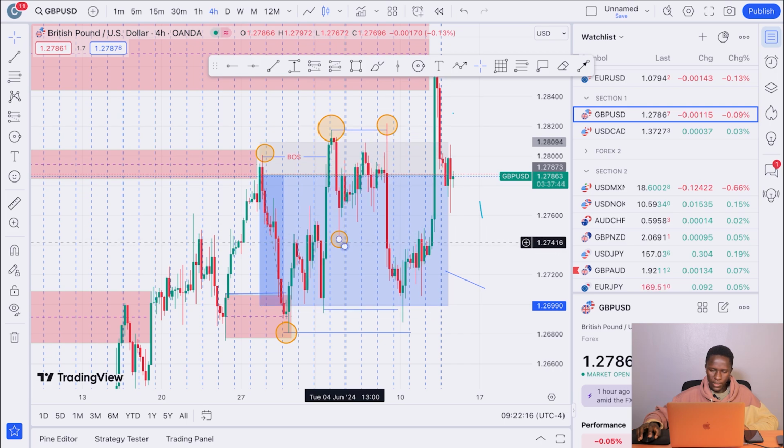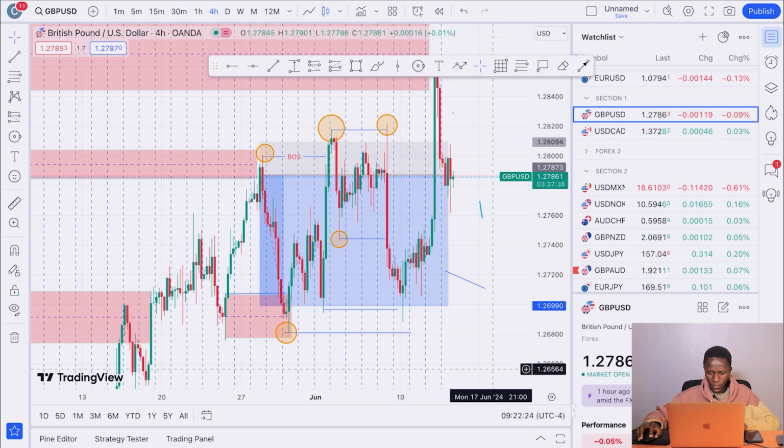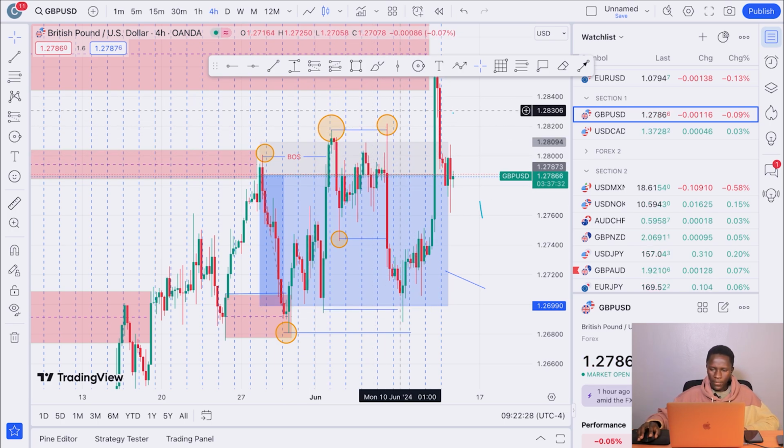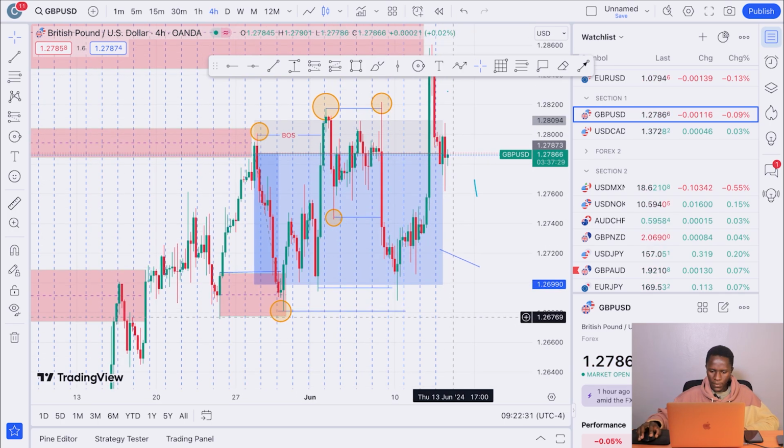But remember, this one was just swept, and this at the moment was the inducement we had. After it swept here, it became the inducement.